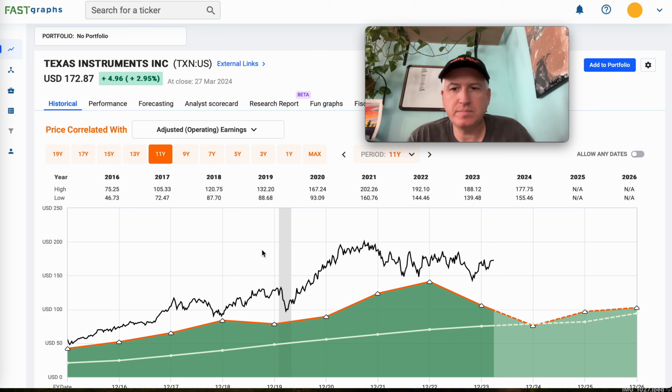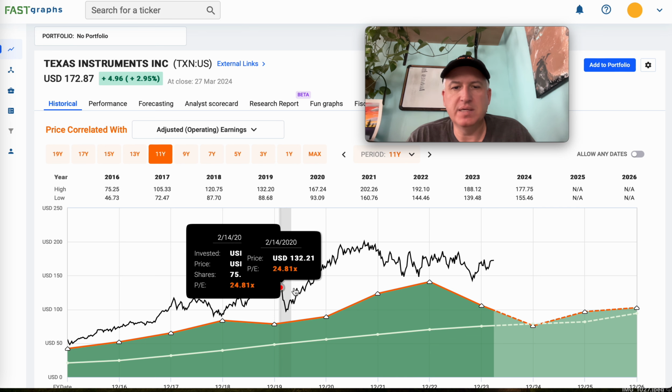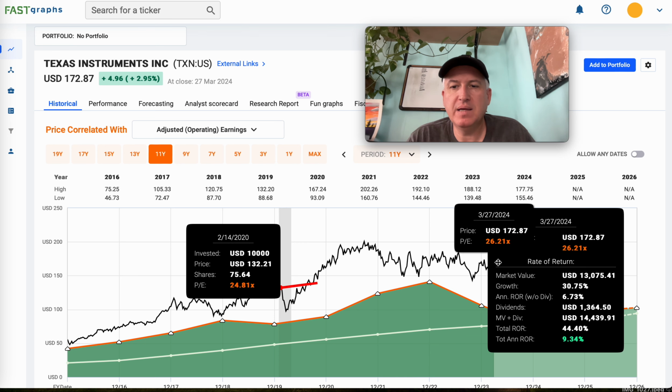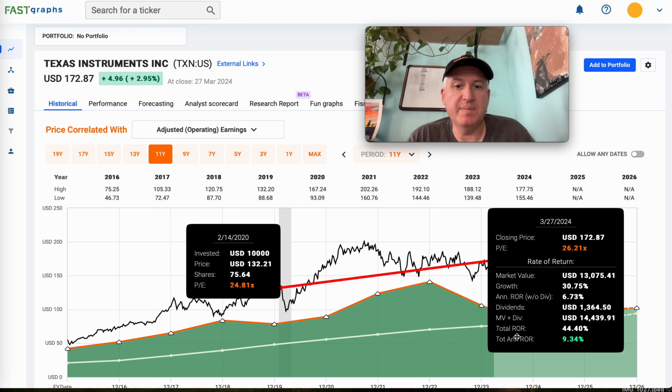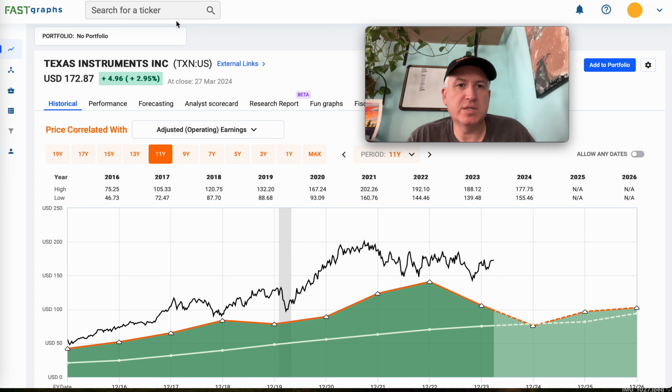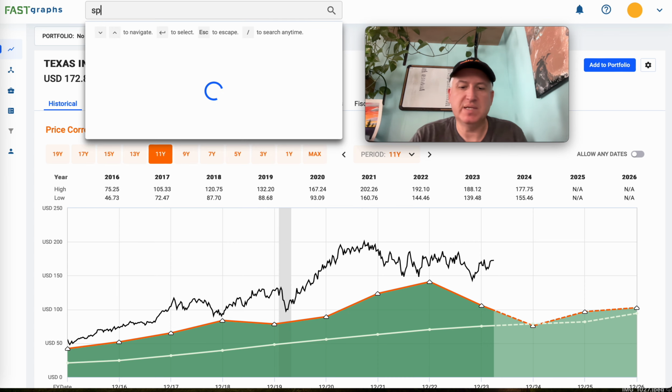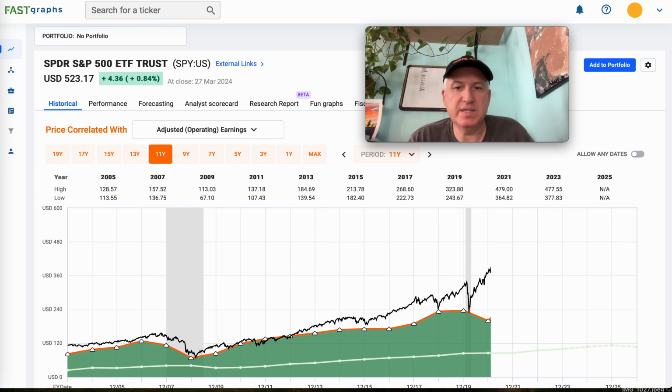I mean, we can see what it's done since the pre-COVID peak. This is the total return, I think. Yes, total return, it's returned about 45% since mid-February 2020, right before COVID. So that was 45%. We'll look at the S&P 500 and see what it's done.